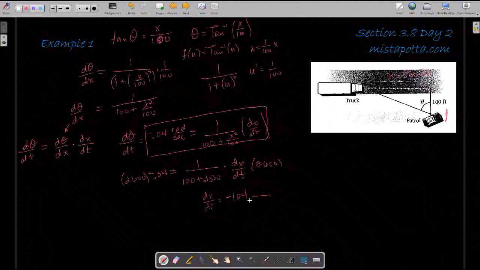And we remember from how we calculated d theta dt, I gave you that as in radians per second. So my time units are in terms of seconds. And I told you that the distance of the truck was 500 feet.